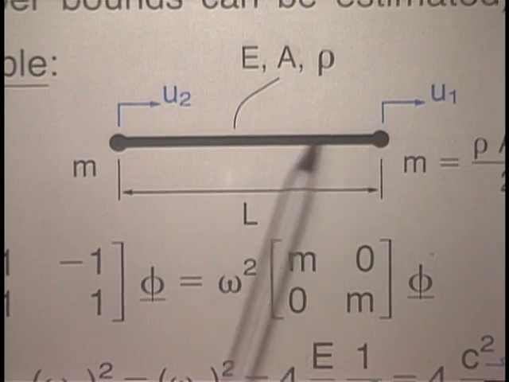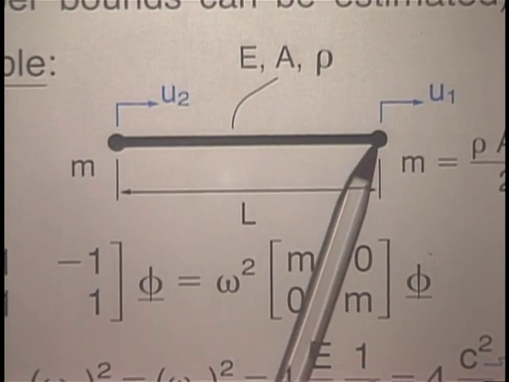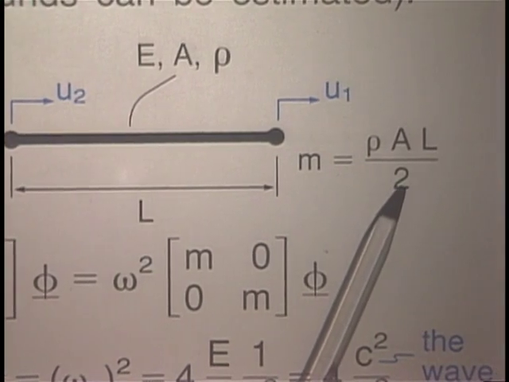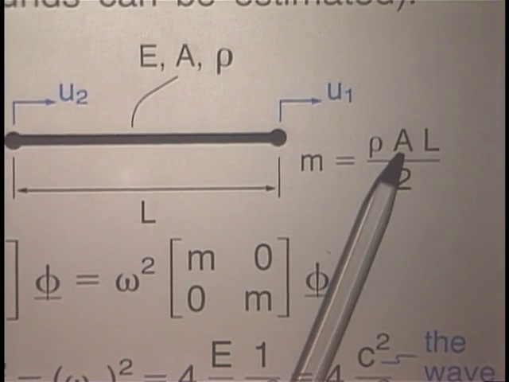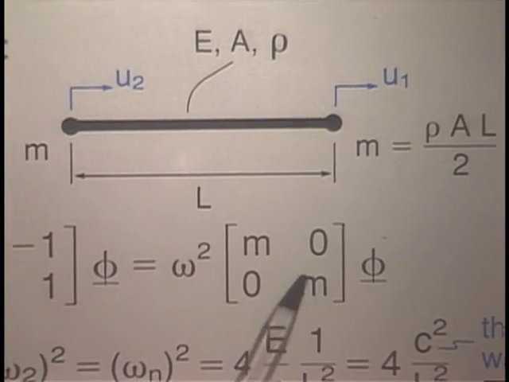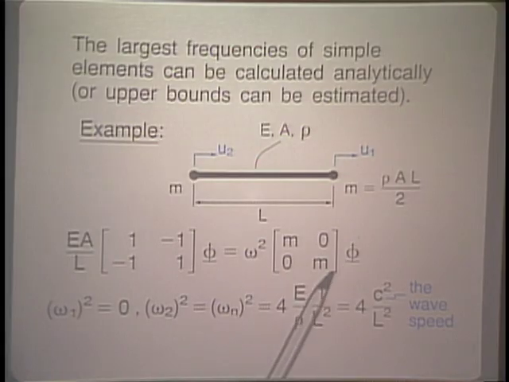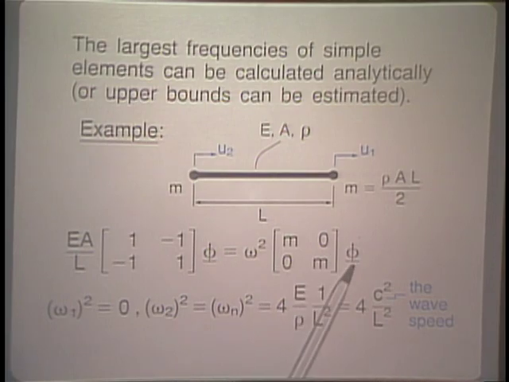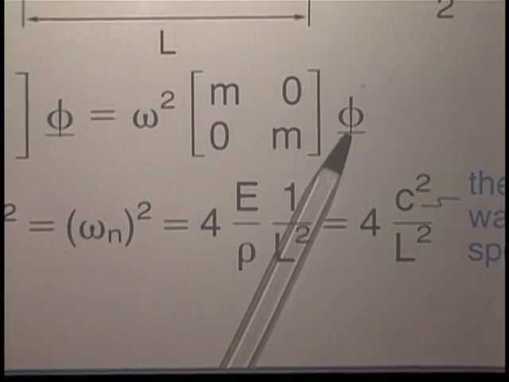Here we have a two-noded truss element, m here equal to rho A L over 2, L of course being the length of the truss, A being the cross-sectional area, rho being the mass density. If we write down the eigenvalue problem for this single element, we obtain this relationship here: the stiffness matrix times the eigenvector phi equals omega squared, which will be an eigenvalue, times the mass matrix times phi, phi being the sought eigenvector.